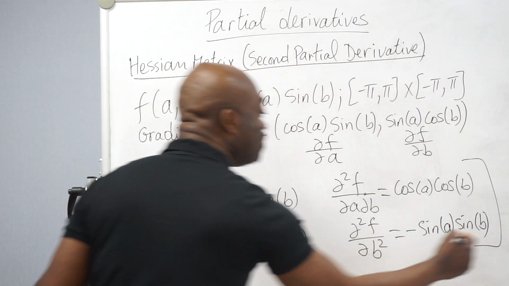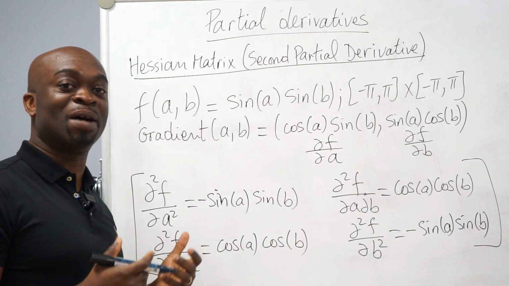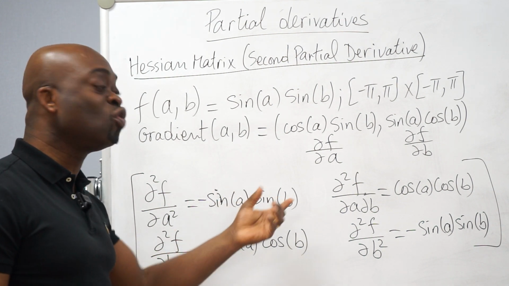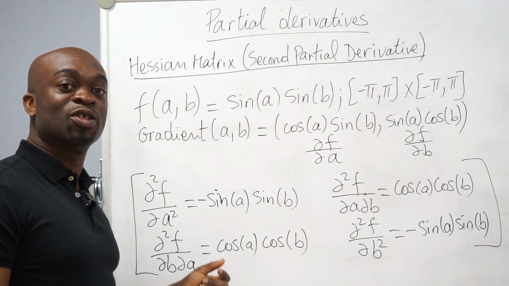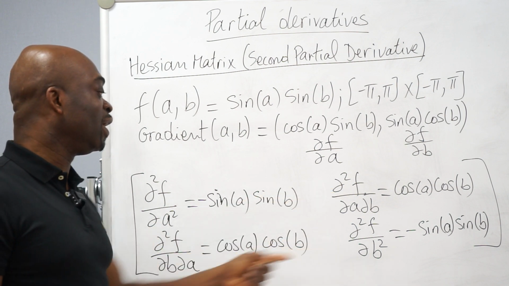So for the Hessian matrix that we have, for those of you who remember what we talked about when we talked about matrices, this one is a 2x2 matrix, so 2 rows and then 2 columns.